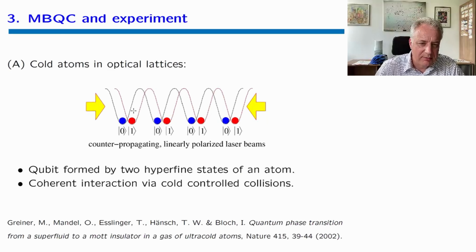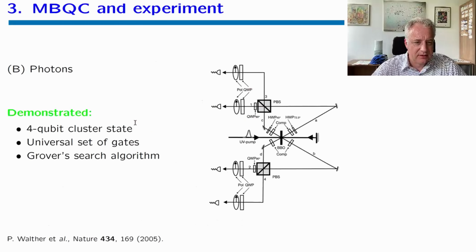They couldn't have, because in that lattice, the atoms were sitting quite close to one another, and when they would measure, they would use lasers, and they wouldn't have sufficient spatial resolution to address individual qubits in that lattice. But they verified that they had made cluster states. The first experiment of measurement-based quantum computation is from 3 years later, from 2005, and it was done by Philip Walther and company in Vienna.